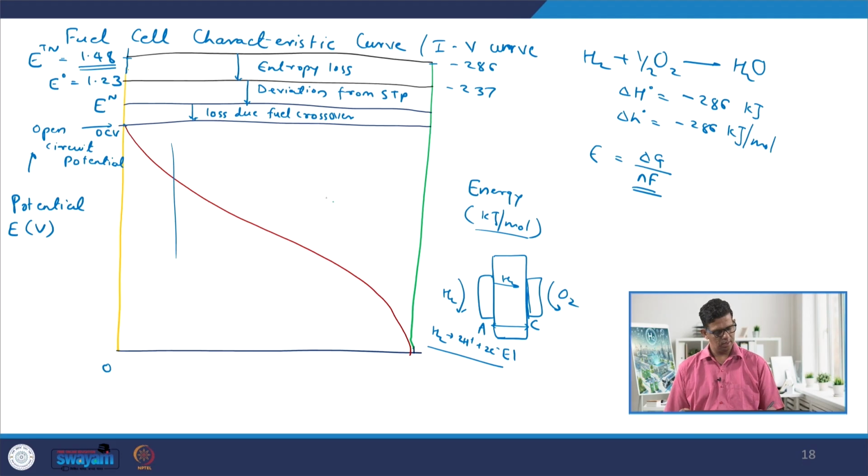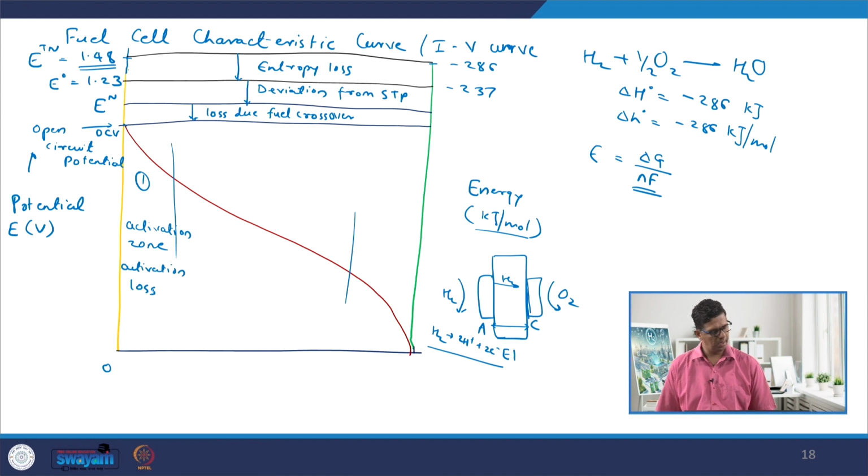This is 1, this is 2nd, and this is 3rd. This is the first zone called the activation zone, and the loss that dominates in this first zone is your activation loss.